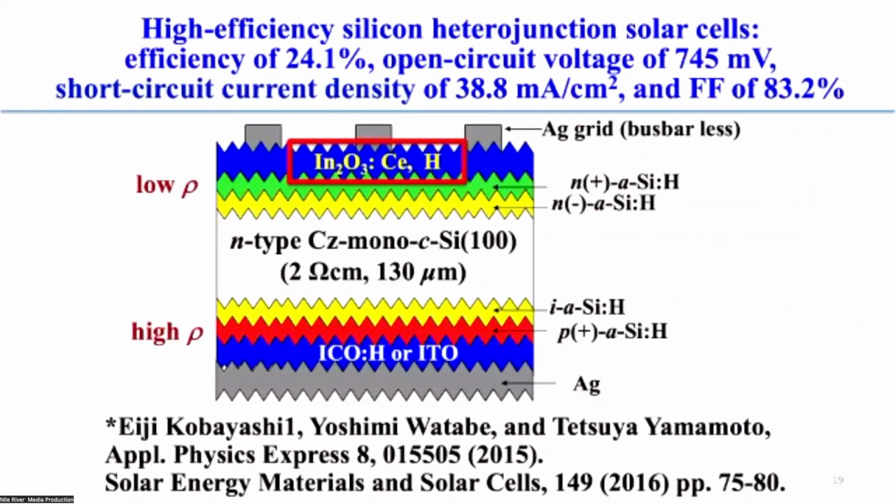And very recently, we developed high efficiency silicon heterojunction solar cells, which has been already commercial, okay? And it's showing an efficiency of 24.1%, okay?